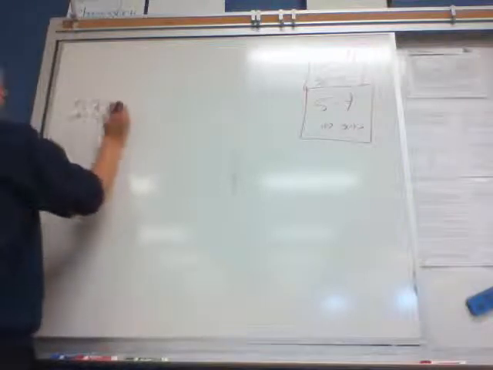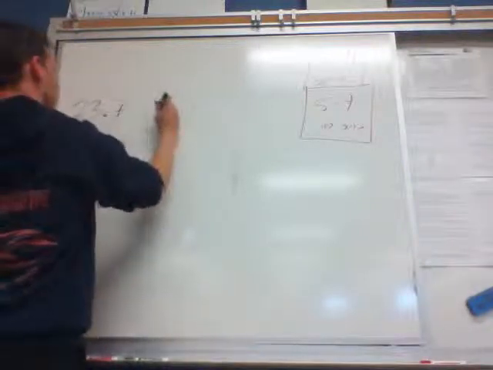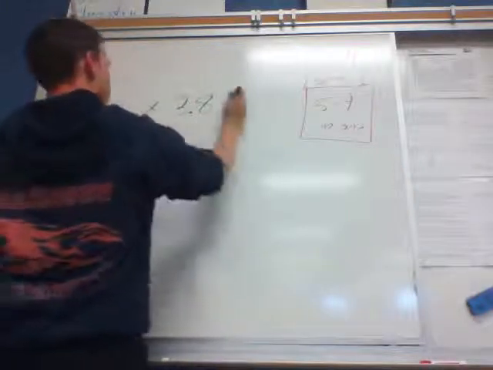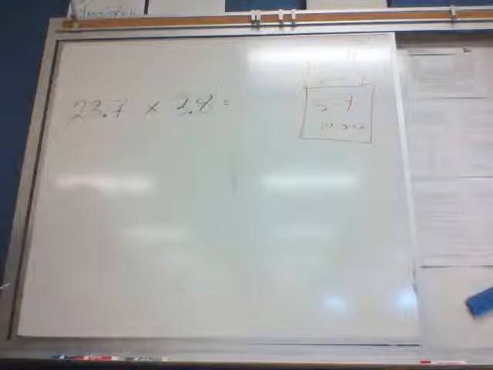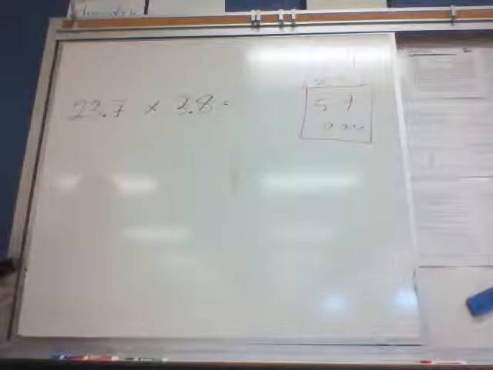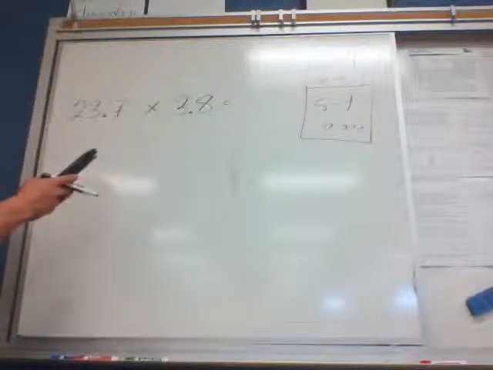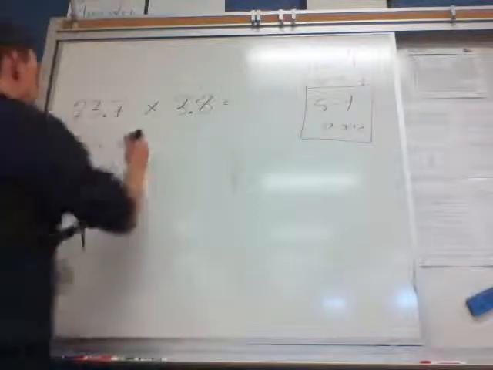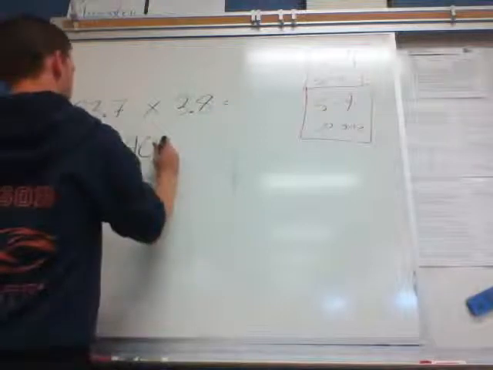This one's kind of funky, watch. On my calculator, 23.7 times 3.8, I get 90.06 as an answer.